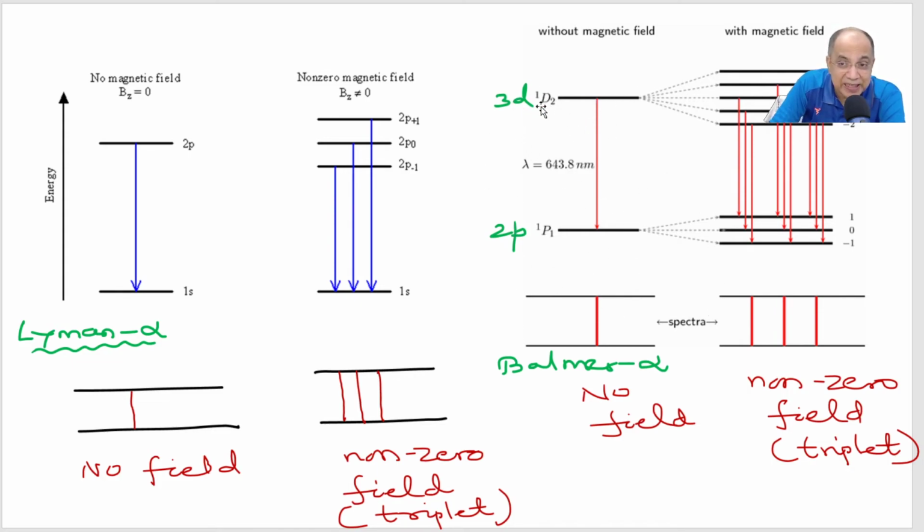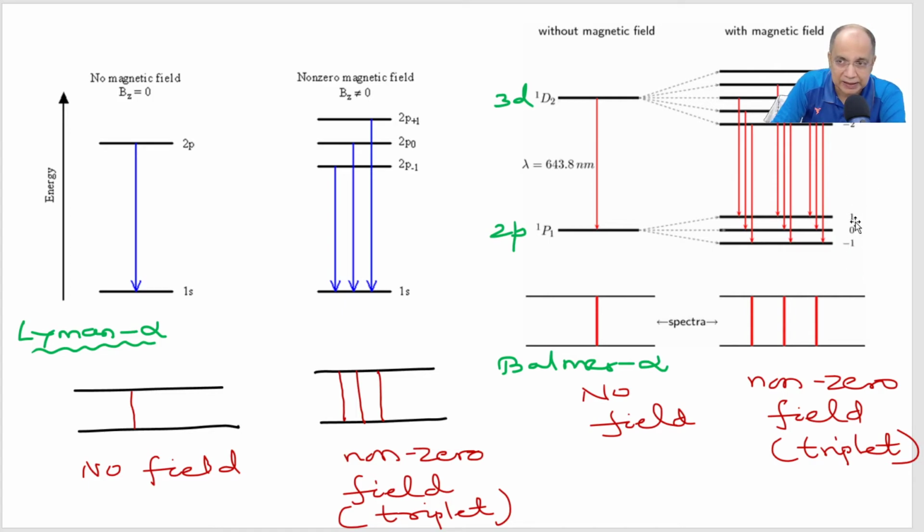Now see, D has 5 subcells, and in the presence of an external field, it will give 5 different energy levels: 2, 1, 0, minus 1, minus 2. They will all be non-degenerate. And similarly, P will give 1, 0, minus 1.